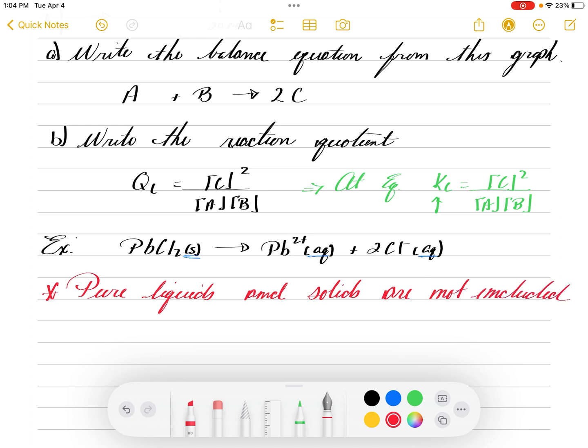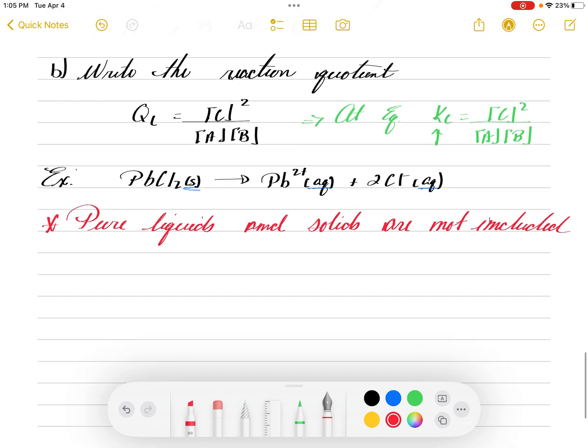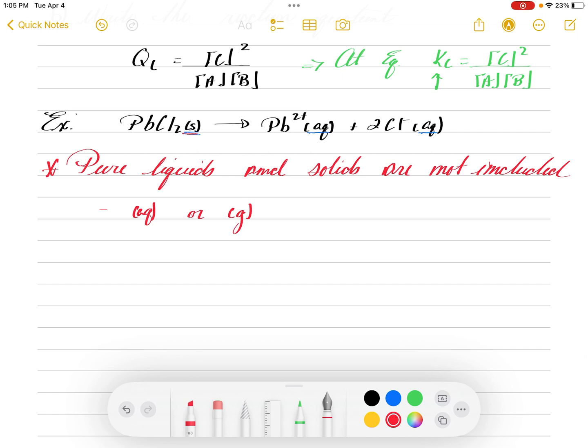The only thing you want to include is going to be states that are in solution, aq, or in gas. And we're going to get to gases in just a minute. So when you're writing the reaction quotient, when you see a solid, ignore it. You're not going to include it. Or if it's a liquid.